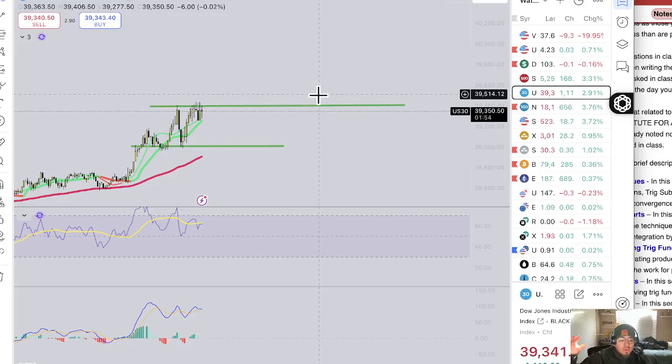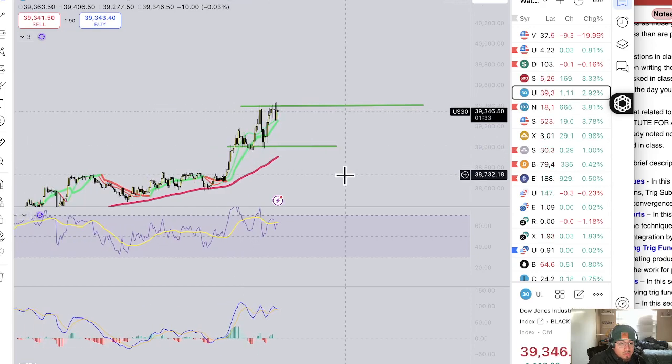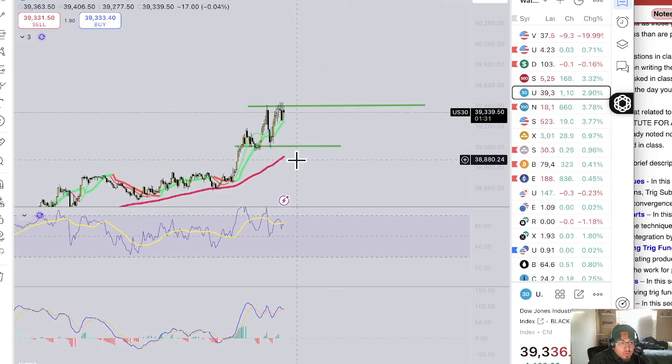So when the price touches the highest line, it's called a resistance. It's going to bounce off, touch it, kiss it, and hopefully bounce down to its small support.